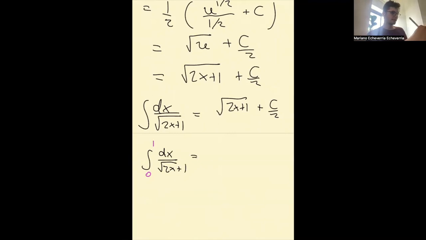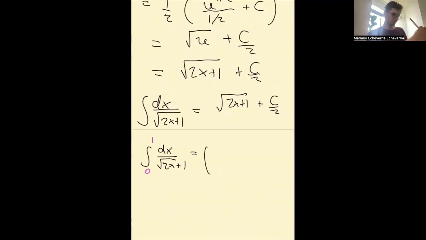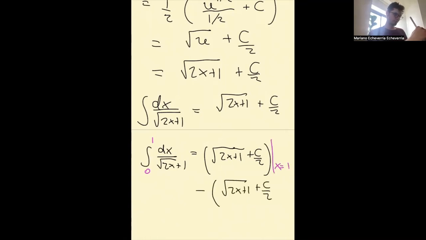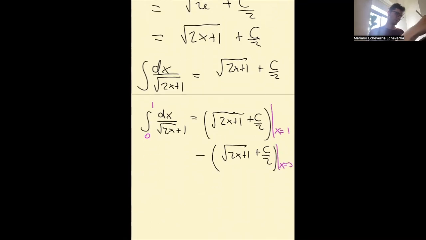So what that means is that you're going to evaluate this at x equals 1 and subtract it at x equals 0. As always, these constants cancel out, so that should go away.